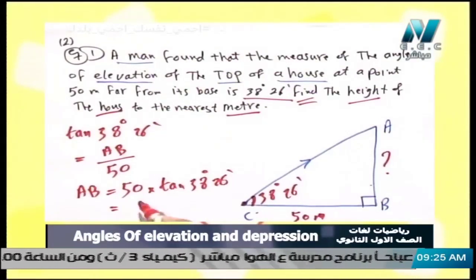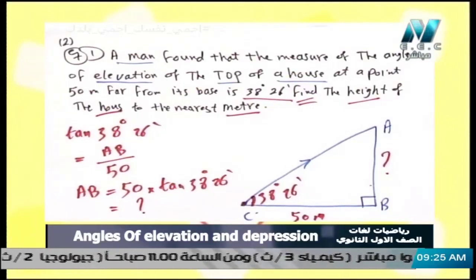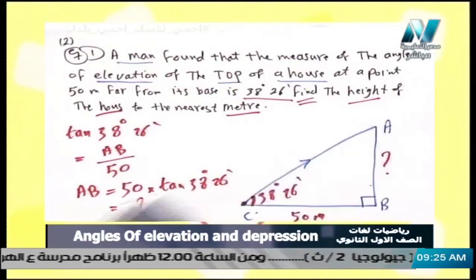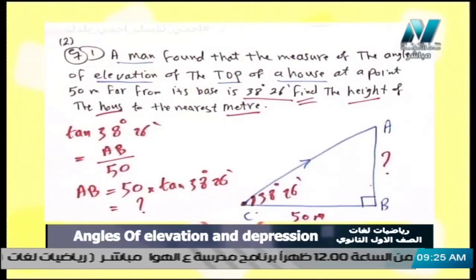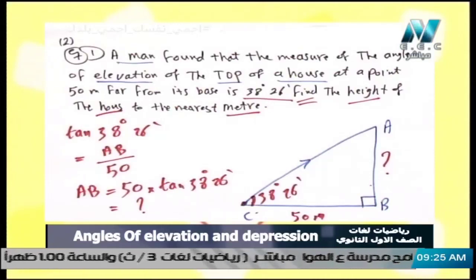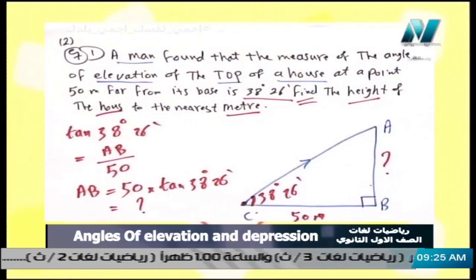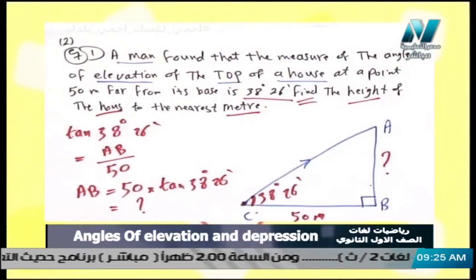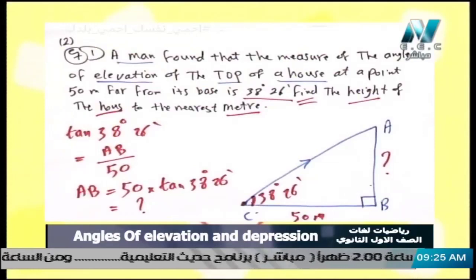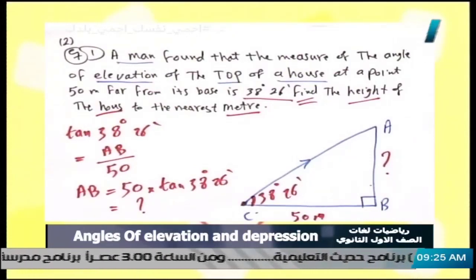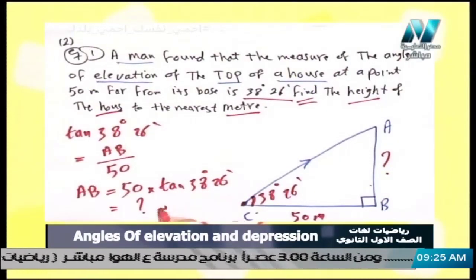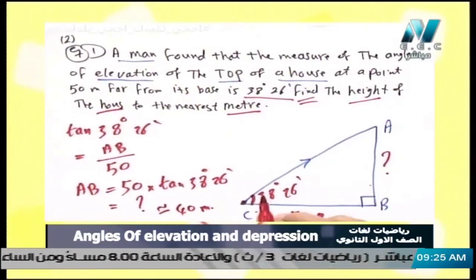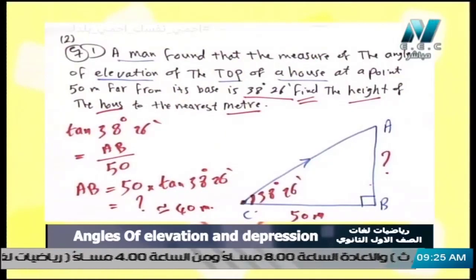So you can calculate and find the answer. Okay, I'll find it for you. 50 times tan 38 degrees and 26 minutes equals, the answer approximately equals 40 meters.